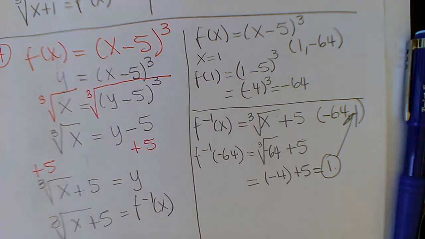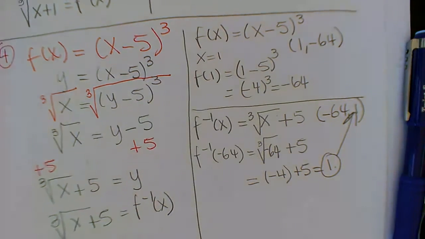I don't know if I did. No, I didn't do it. Okay, let me do this one. 5. It says f of x equal to negative 1/2 x plus 2.